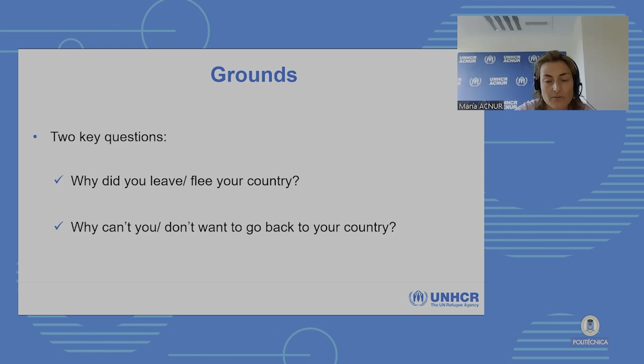That people are left without freedom of movement is serious. So when it comes to a person that wants to ask for asylum, detention should not be the solution.